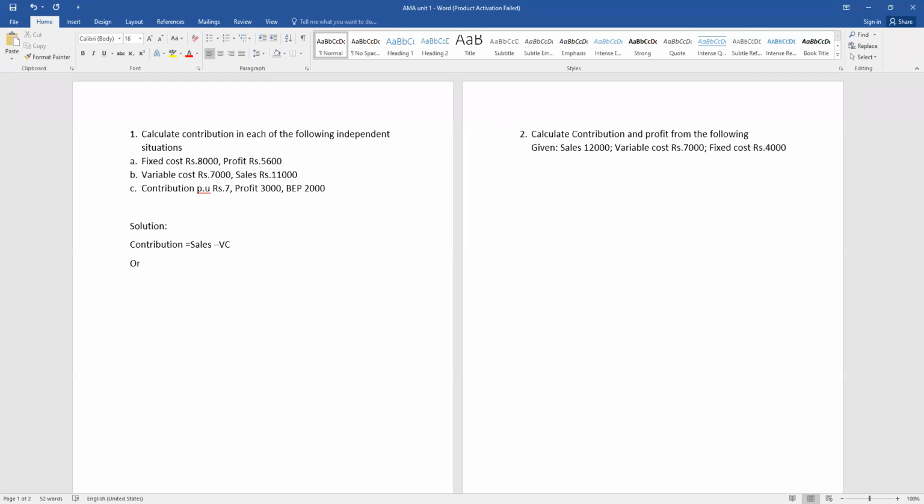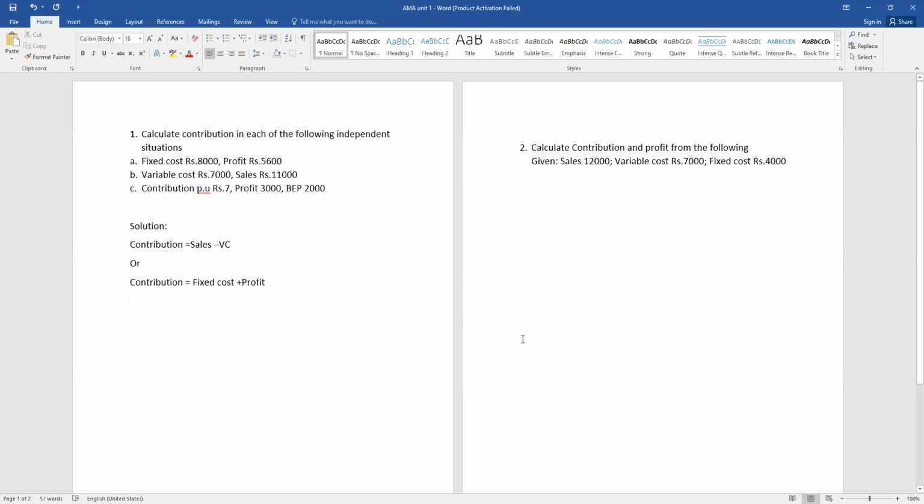That means contribution can be rewritten as fixed cost plus profit. In this particular situation, fixed cost and profit are given, so we can use this formula. So contribution is equal to how much?